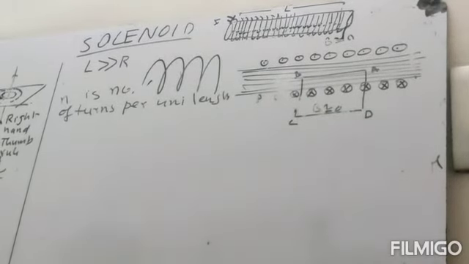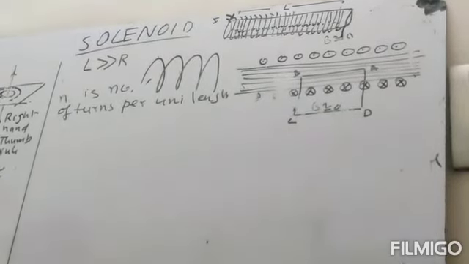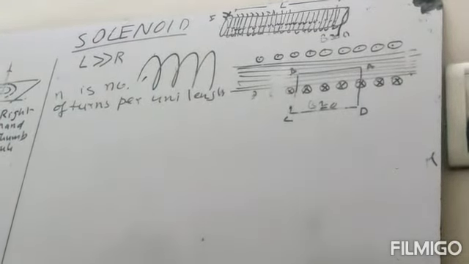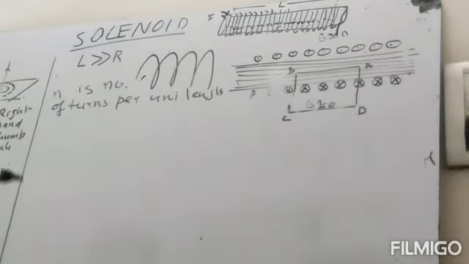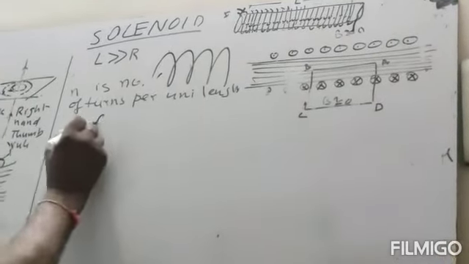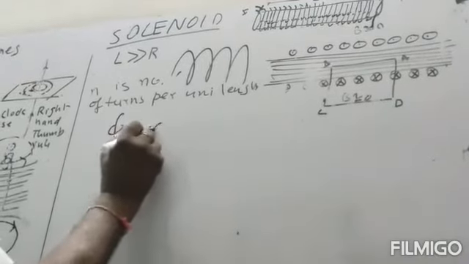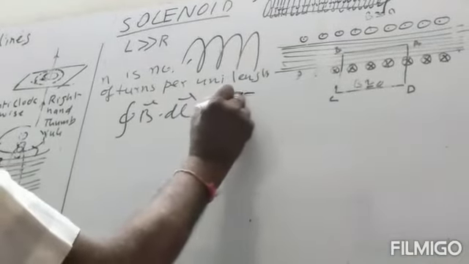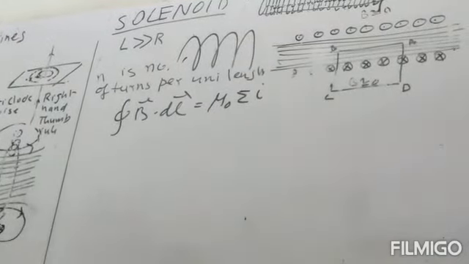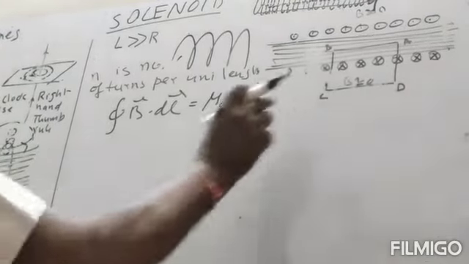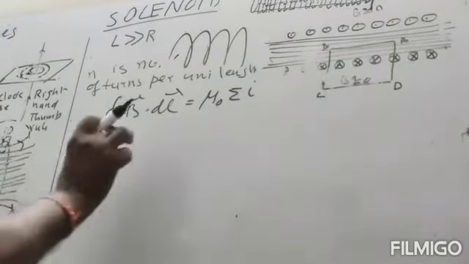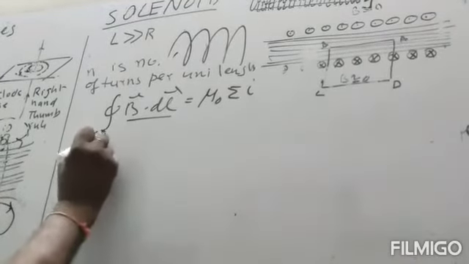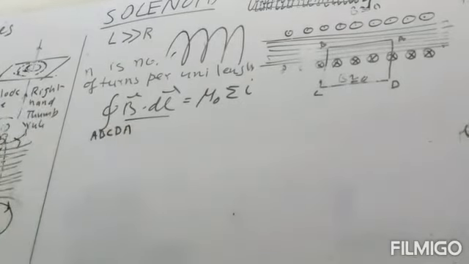Then we have to find the magnetic field using Ampere's circuital law. By Ampere's circuital law, closed line integral of B dot dl is equal to mu 0 into summation of I. Now here our Amperian loop is ABCD. This is the closed loop.